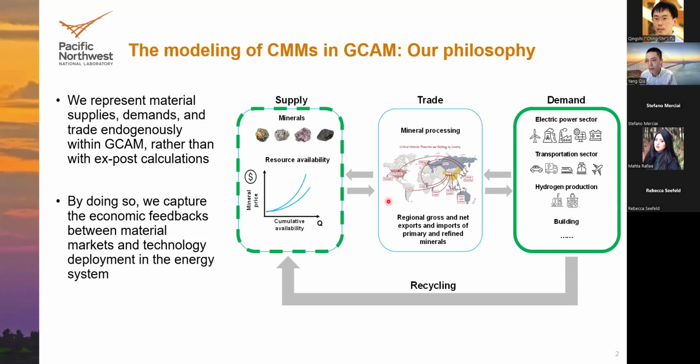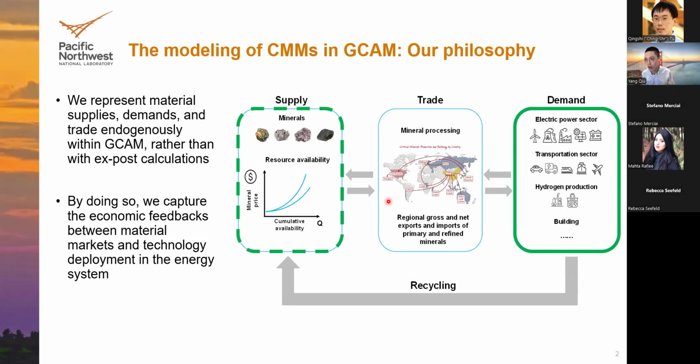So our main goal is to capture both the supply and demand, and also some of the trade and supply chain of those materials within our integrated multi-sector model called Global Change Analysis Model, GCAM. Once we can endogenize all this demand and supply, we will be able to analyze the economic feedback between the material and the technology deployment in the energy system, because we want to know how material supply availability could affect technology deployment, right?